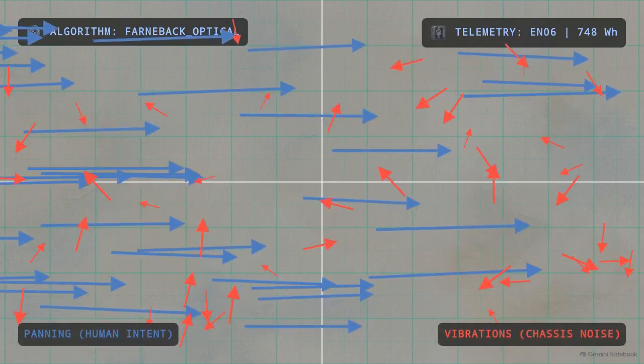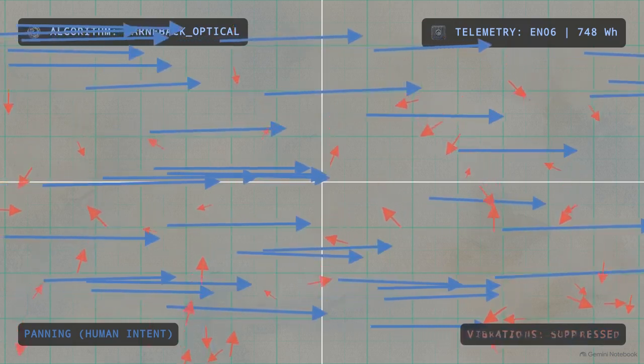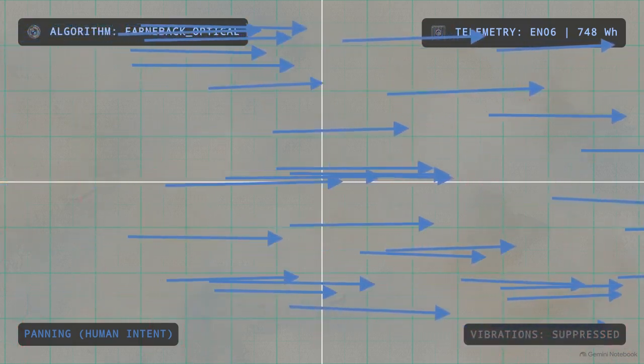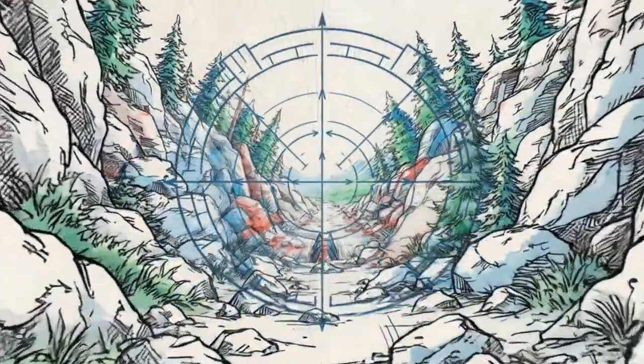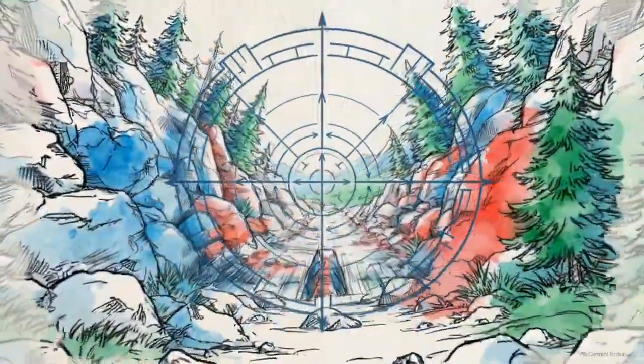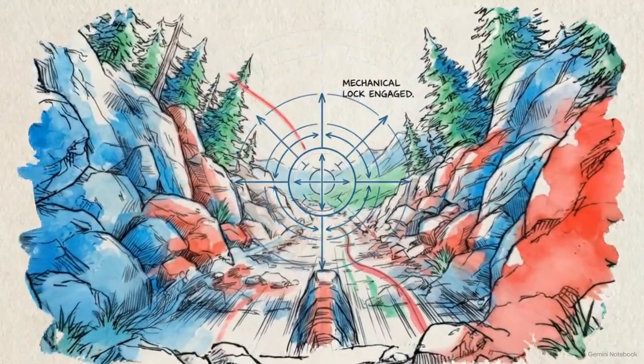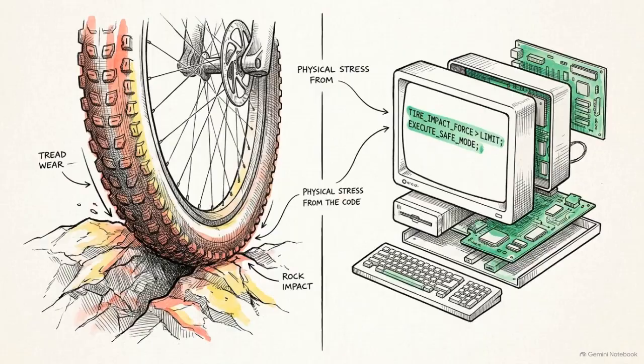The algorithm separates the intentional panning of the camera from the unwanted high-frequency vibrations caused by the e-bike chassis. This telemetry data is then used to dynamically reframe and stabilize the final video output without manual intervention. Physical hardware constraints are used here to actively dictate software rendering parameters.